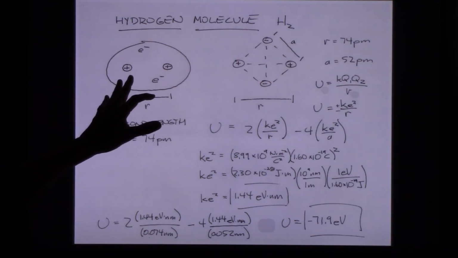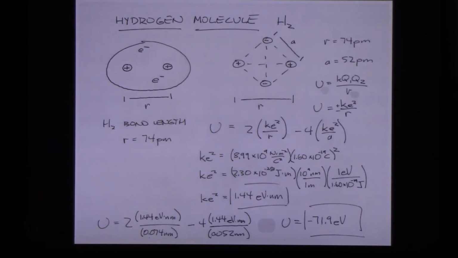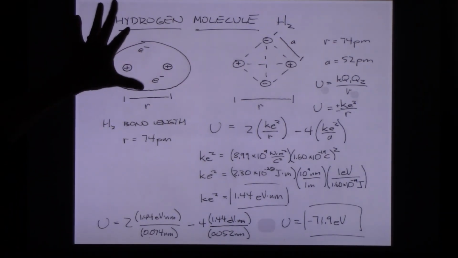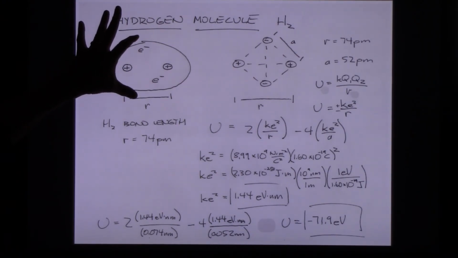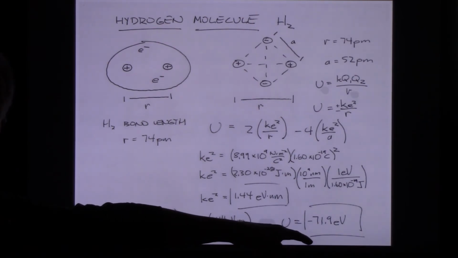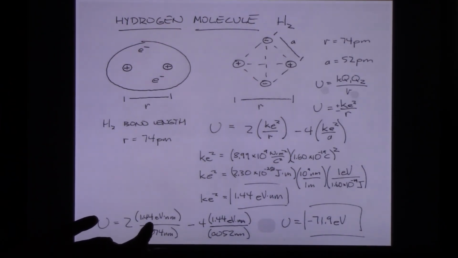So a little bit of kinetic energy in the protons, more kinetic energy in the electrons, and then that is offset by this binding energy. All right, so the overall effect is that the molecule stays together. Overall, the energy is negative, and that means that there's a certain amount of chemical potential energy associated with that molecule.